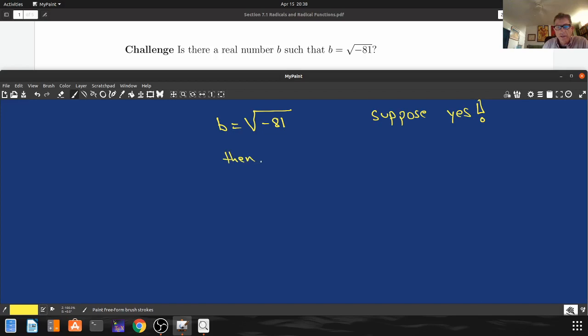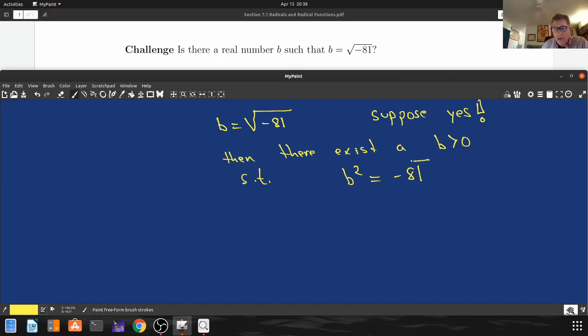Then there exists, by definition, a b greater than 0 such that b squared is equal to minus 81. But any number greater than 0 multiplied by itself is greater than 0.